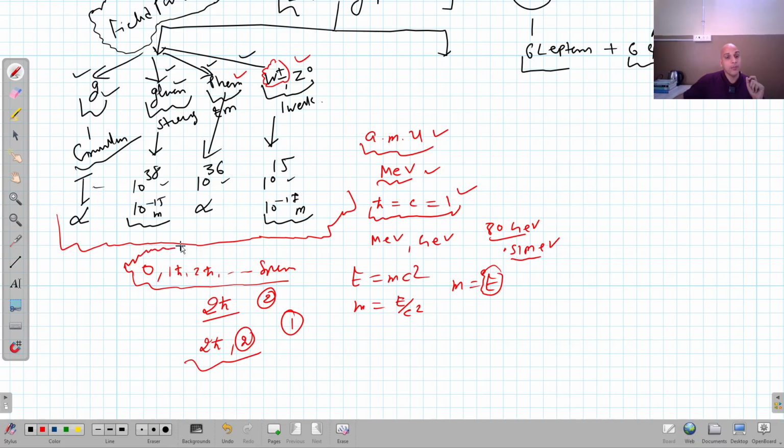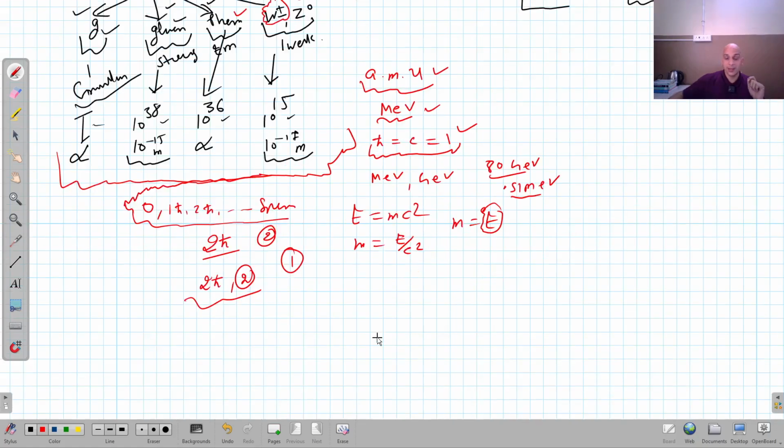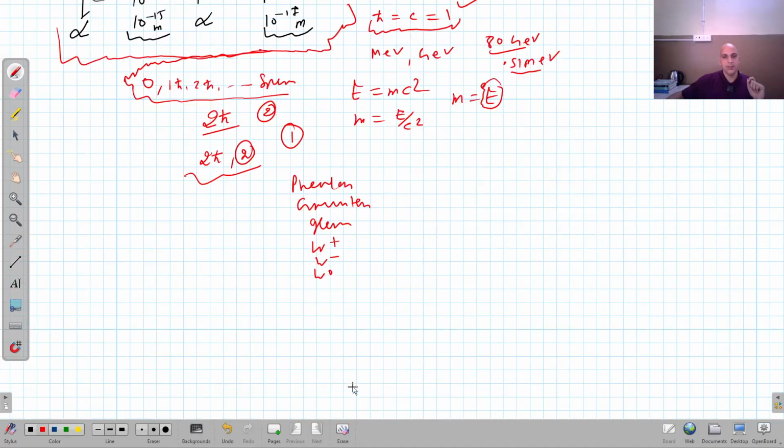As far as the mass of these particles is concerned, we have to remember the photon, graviton, gluon, and W positive, W negative, W naught, and Z naught.